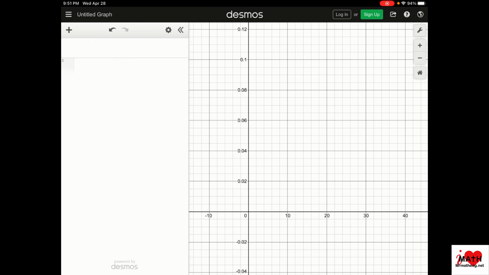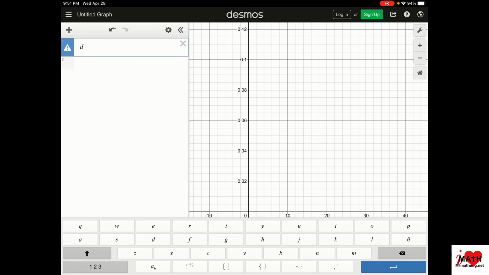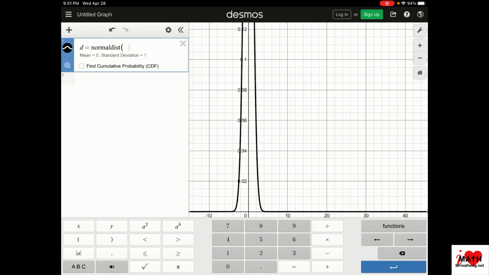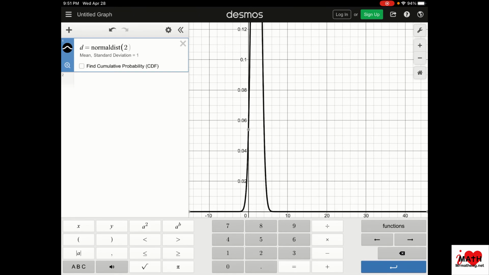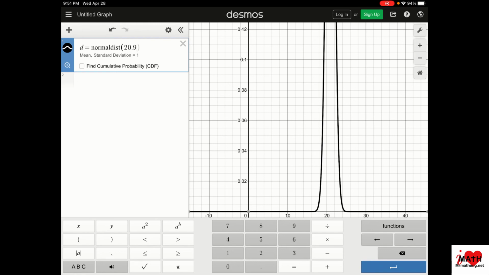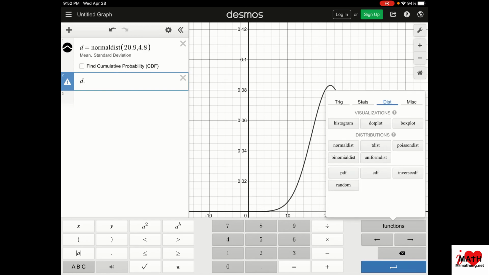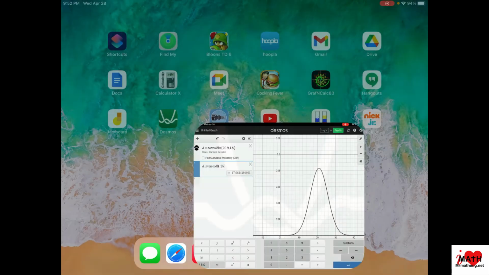And if you did this from the beginning again on Desmos, find the letter D, equals, functions, distribution, normal distribution, 20.9, comma, 4.8, then go below, get D dot functions, distribution, inverse CDF, and then we're looking at 0.25. And you got the same answer, 17.66.